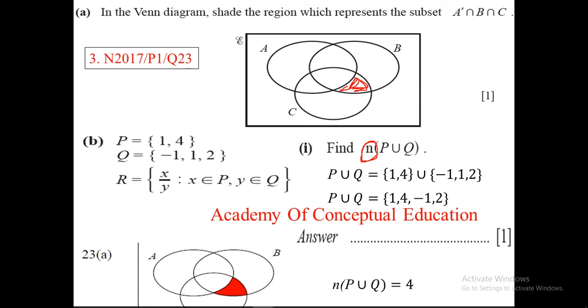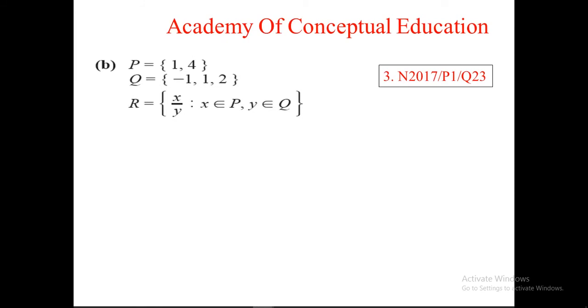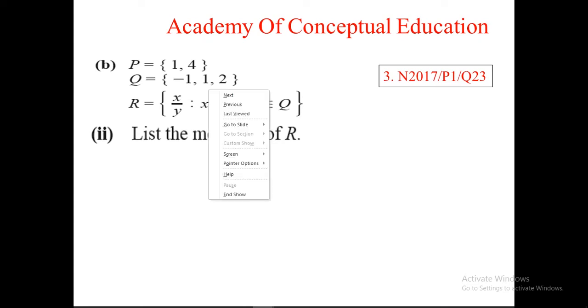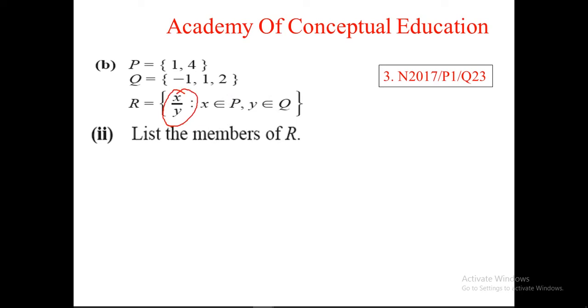Now in part B, these are the sets, and we have to list the elements of set R. But the important point is that the equation is given to us, x plus y. The values of set P will represent x, and the values of set Q will represent y. These are the key terms.